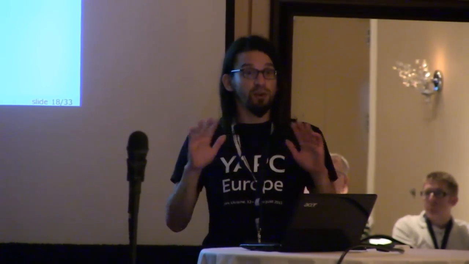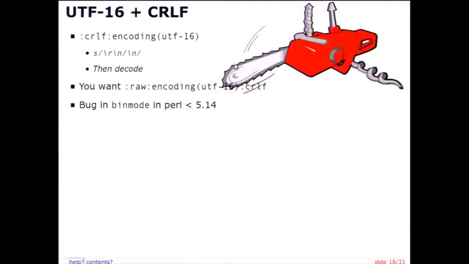To be honest, I don't understand why people combine these two things. I really do not. But apparently, in the Windows world, there is some kind of convention to do this. You have to do it in the right order: you have to first disable the CRLF using raw, then put the encoding, and then put the CRLF.